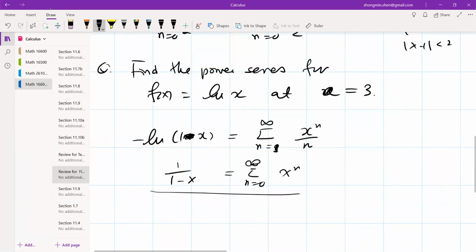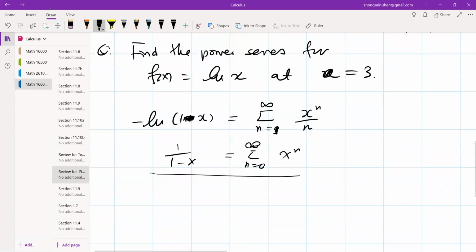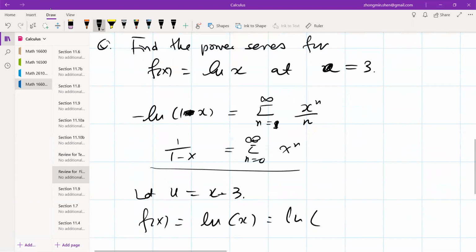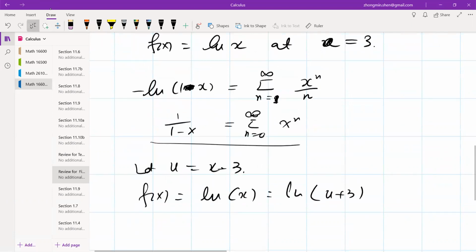So you want to express it at a equals 3. So you let u be x minus 3, right? Then f of x is natural log of x, which is going to be natural log of u plus 3. Now you're going to use the formula.